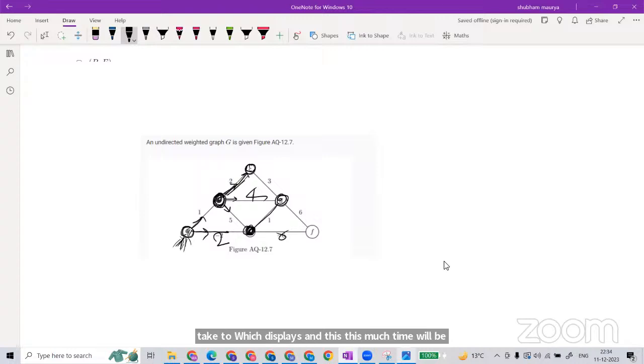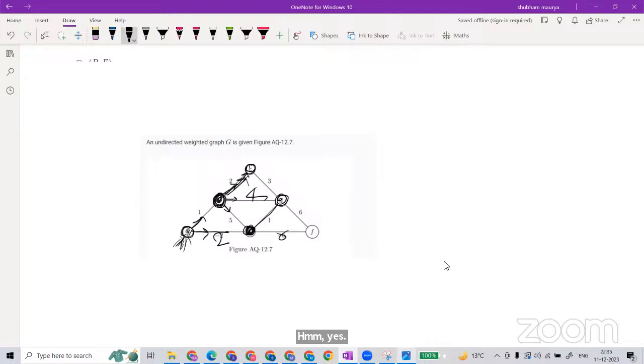If there was any negative value over here, we cannot use the Dijkstra algorithm because it will not work, because once we have changed the infinity to any value, we cannot change it again.